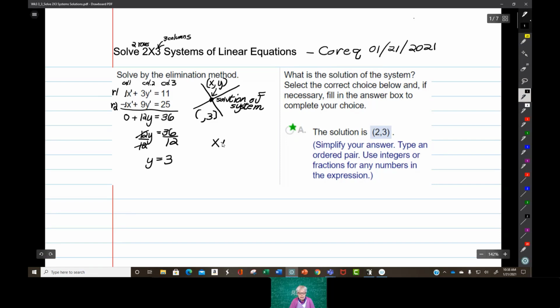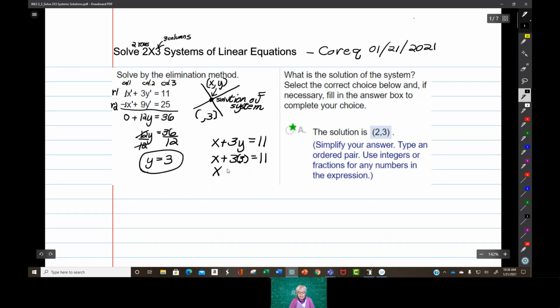X plus 3y equals 11. Well, I just got the answer y equals 3, so I'm going to put a 3 right here. X plus 3 times 3 equals 11.